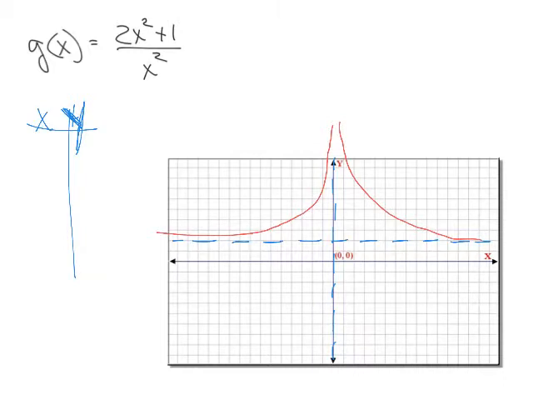You just want to show where your horizontal and vertical asymptotes are, and then the basic idea of where the graph is. Sometimes you'll find there's an asymptote that isn't vertical, like this one, and isn't horizontal. Sometimes you're going to find that asymptote is what's called oblique. So that's what we'll do next, show you how to determine that.